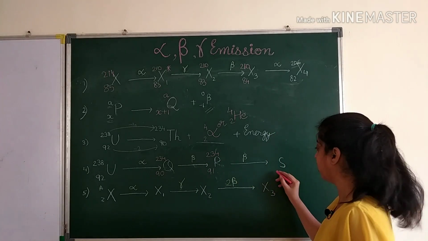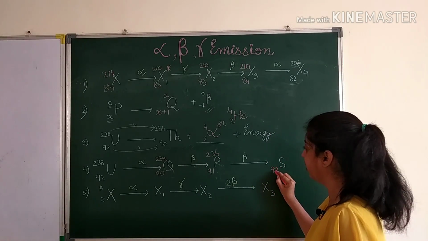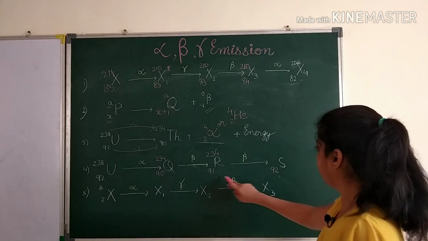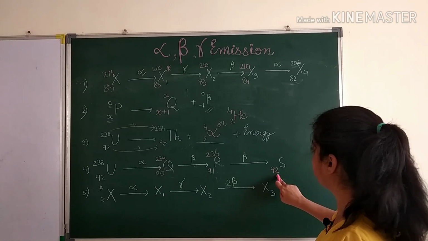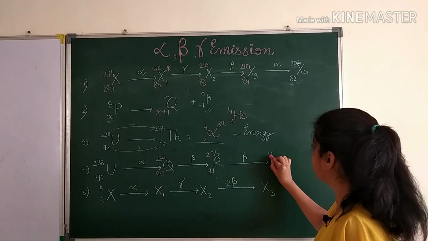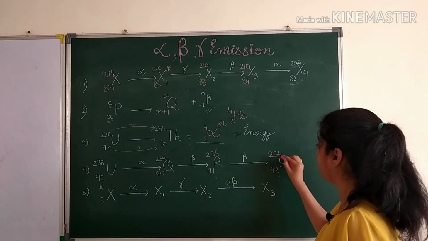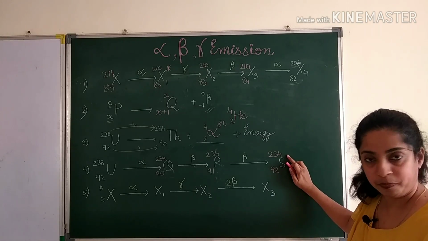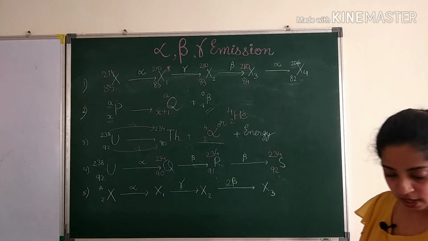Again one more beta particle. From 91 it goes to 92, and from 234 it remains same since it is a beta particle. So we get 92 and 234. Correct?